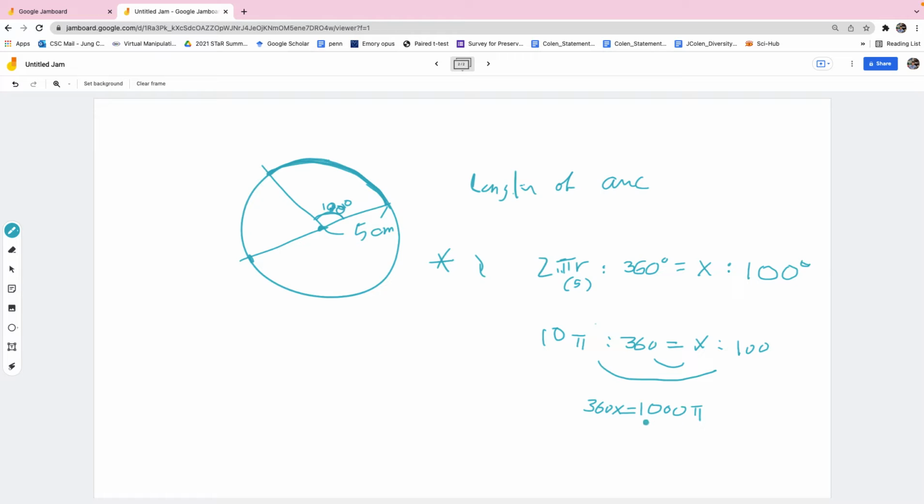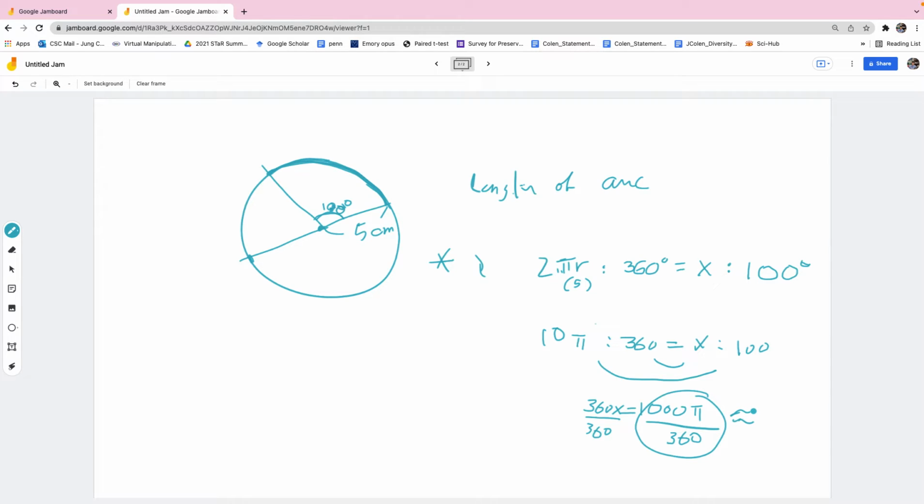To solve for x, you can divide both sides by 360. So your x will be 1000 pi over 360.